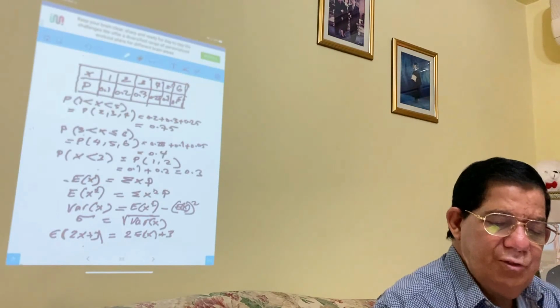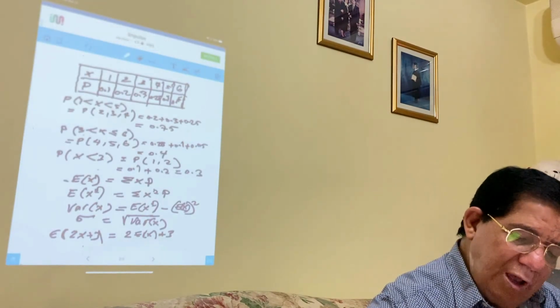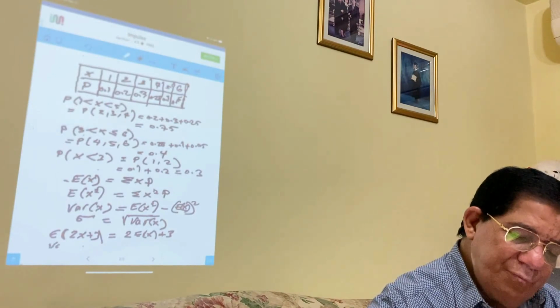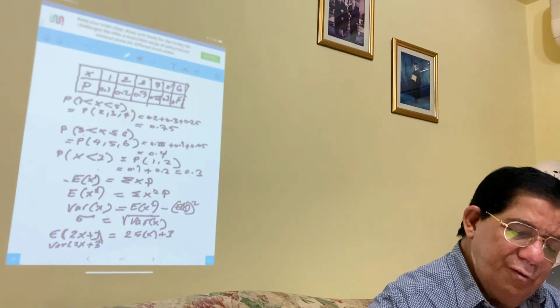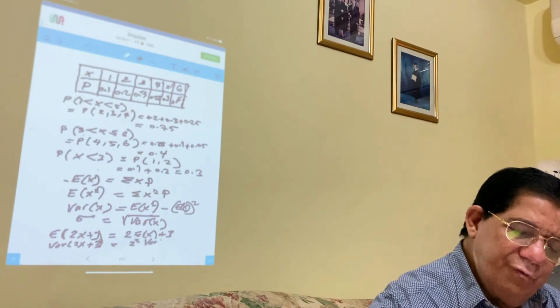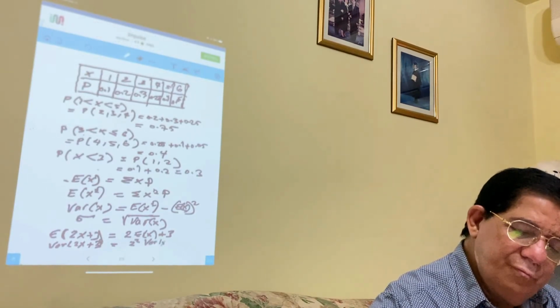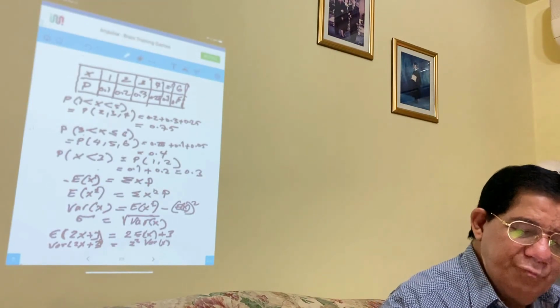We use this given rule. And if I was asked what is the variance of 2x plus 3, then the rule is 2 squared times the variance of x. This is in that previous question.